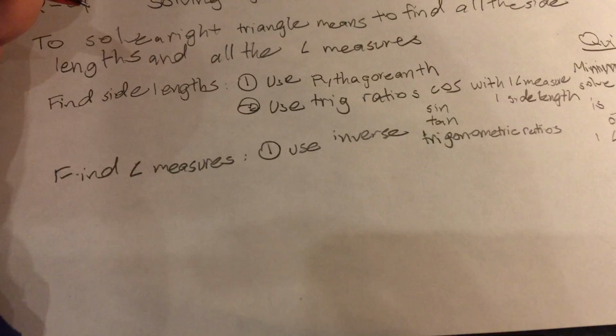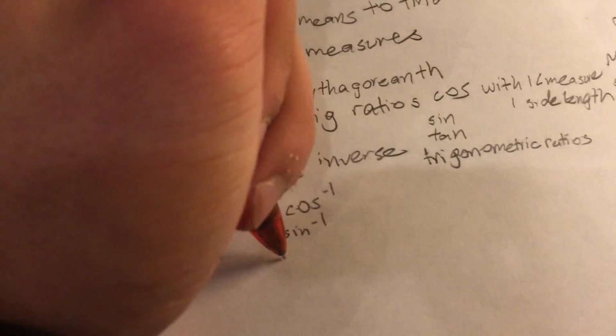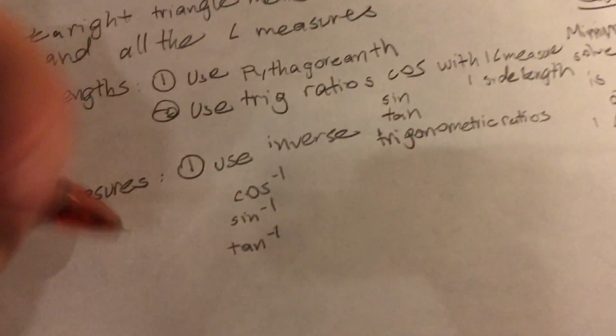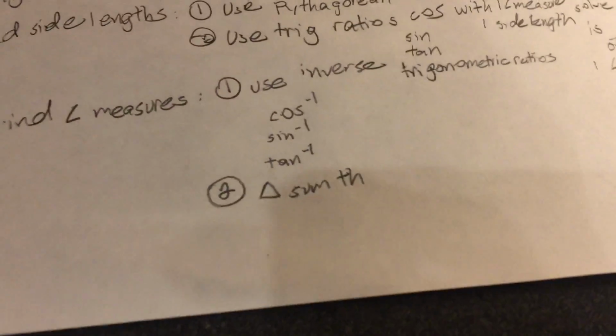You can pause. I'm gonna move on. Inverse of cosine, inverse of sine, and inverse of tan. And the second way you can do it, triangle sum theorem. That's all the notes. Let's give 2 practice problems because this video is a bit long.